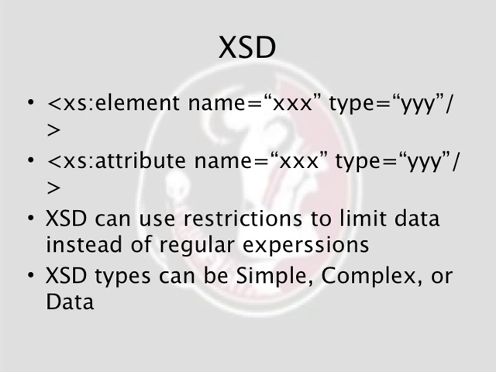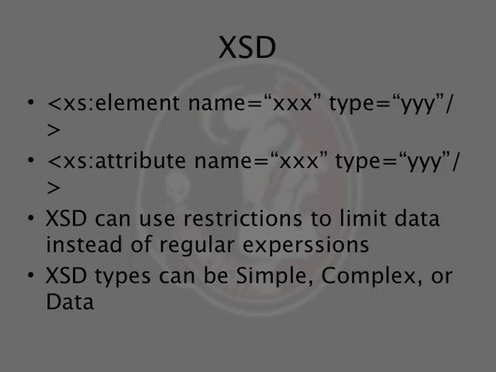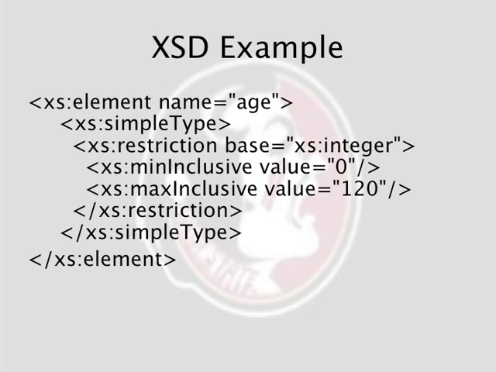Like in our example for the DTD, you had to have the plus sign if you wanted it to be there one or more times. In the XSD, you don't have to do that. And the types can be different. They can be simple or complex, or strict, or straight data. So here's an example that'll help clarify it, hopefully.